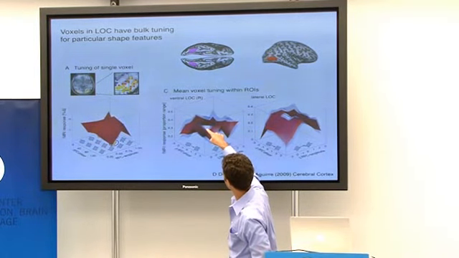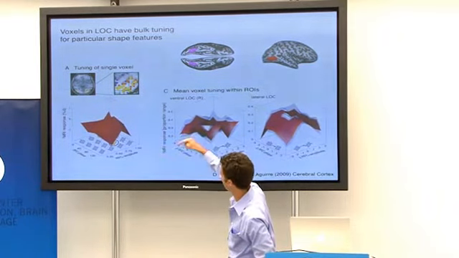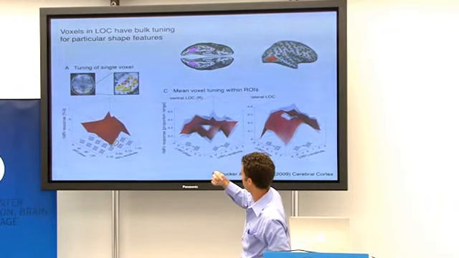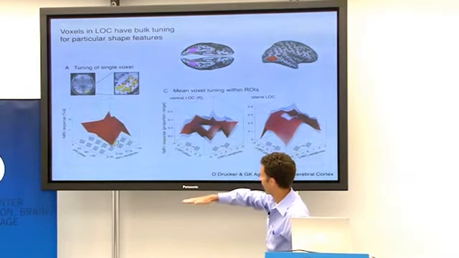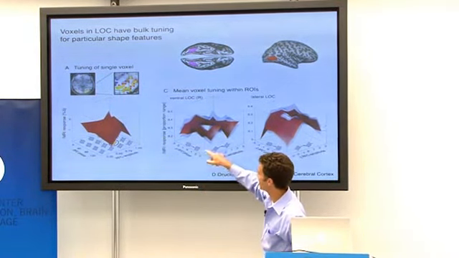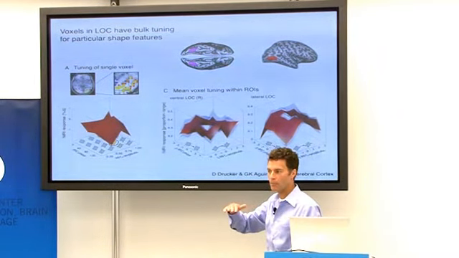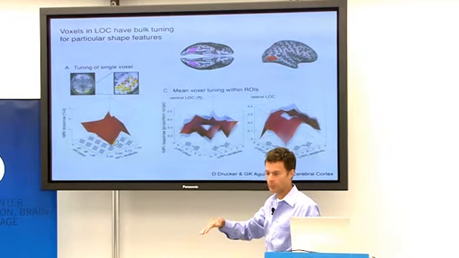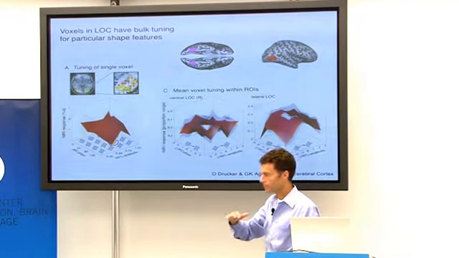If you then plot how much the response decreased as a function of moving away from the most preferred stimulus, in ventral LOC this manifold is pretty flat. Another way of saying this is that each voxel in ventral LOC liked every shape about the same, so every voxel responded about equally to every shape.